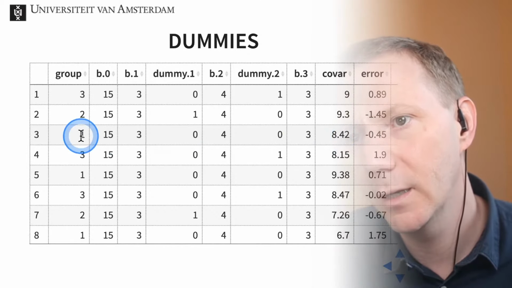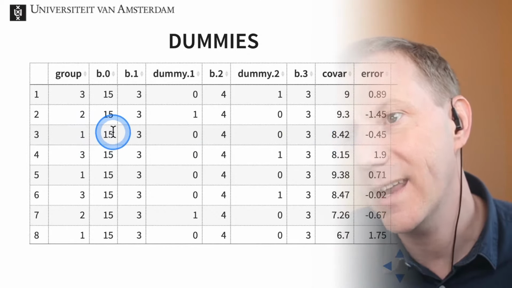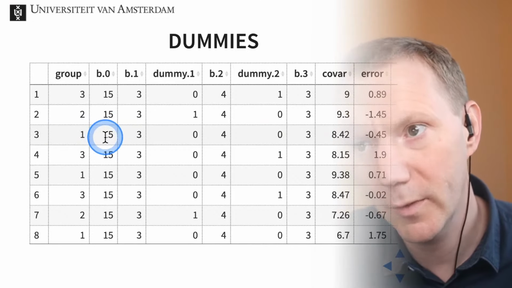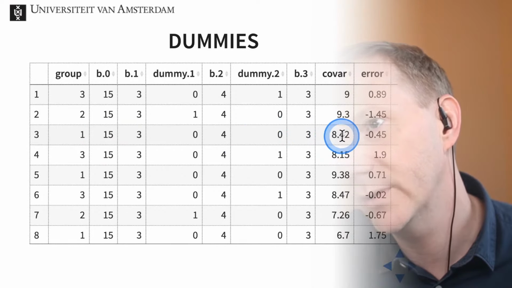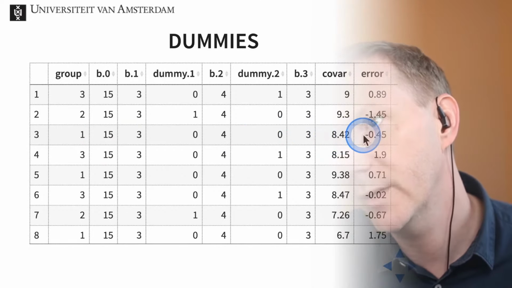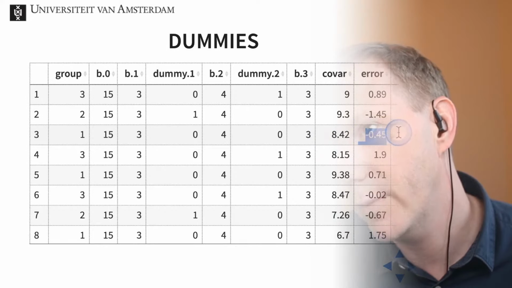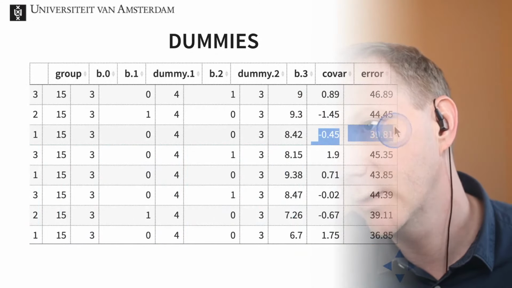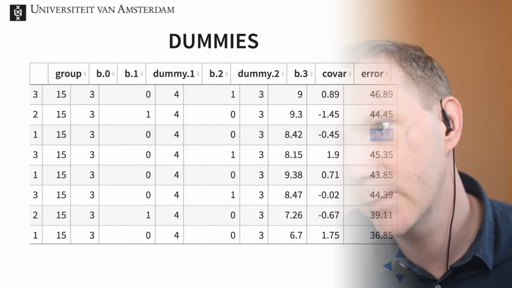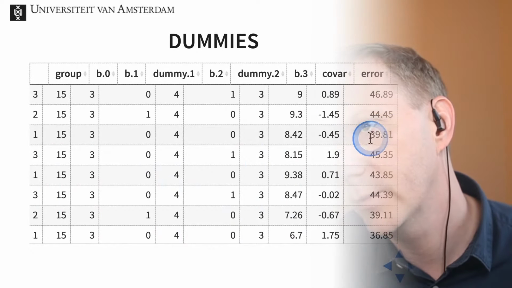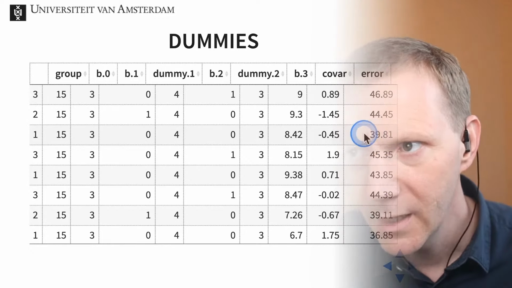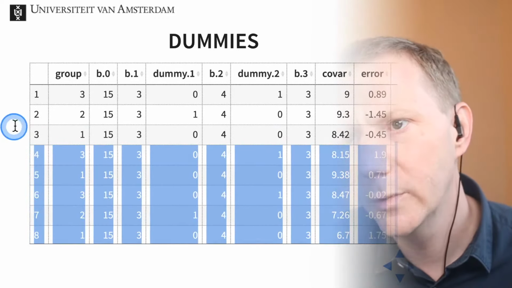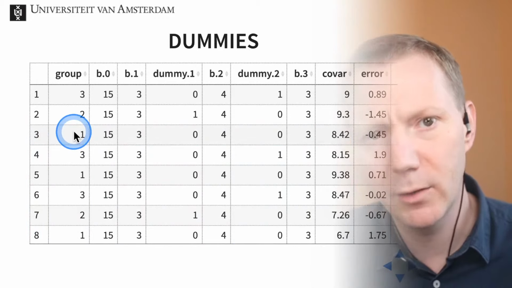If we then add up the whole regression model for this person, we have 15 plus 3 times 8.42 plus some error of minus 45, which will land us an expected value for this person of 39.81. So the dummy variables essentially turn off the categories.